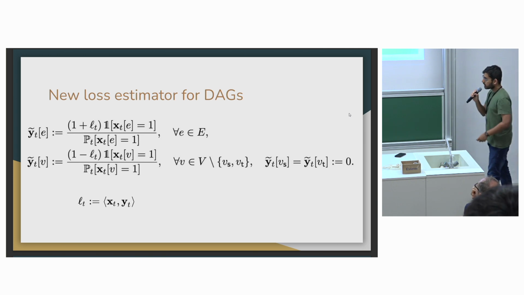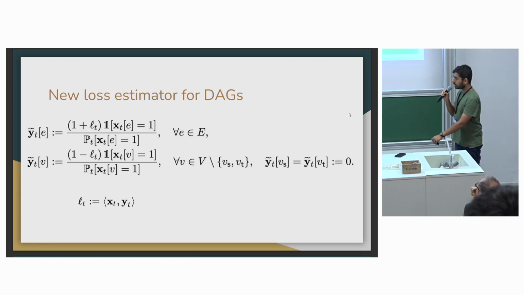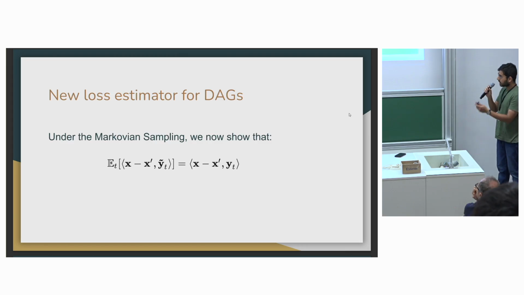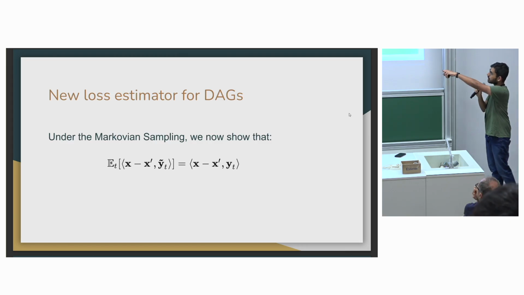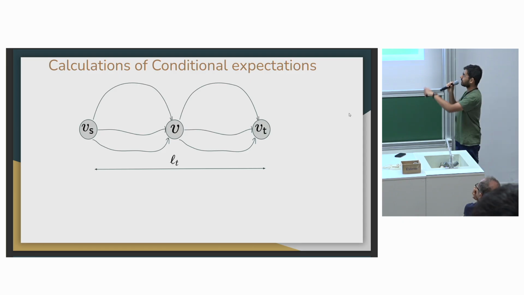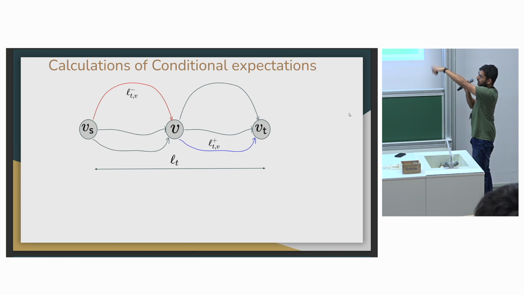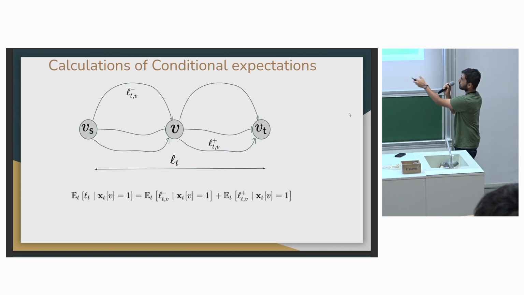This is definitely not an unbiased estimator, but we will show that it is difference-wise unbiased. The key idea is this: say you condition on the fact that you're going to pass through a particular vertex V. Then what is the expected loss that you're seeing? You can decompose the path into two parts, the left-hand side and the right-hand side, so the expectation splits into two parts.